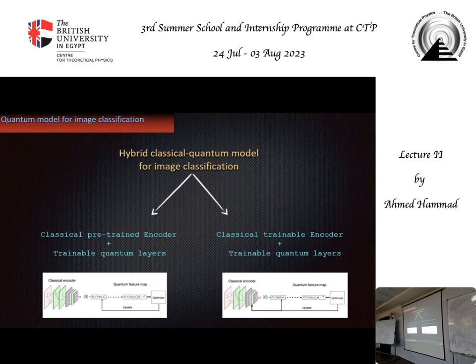As we discussed yesterday about the problem with noisy intermediate-scale quantum computers, at the moment there is no clear advantage of quantum computers over classical computation, but there is another novel solution, which is a hybrid classical-quantum algorithm or model. So how does this kind of thing work?